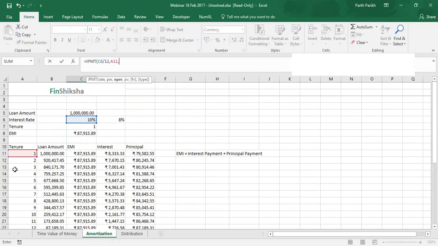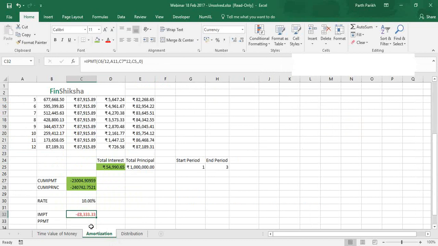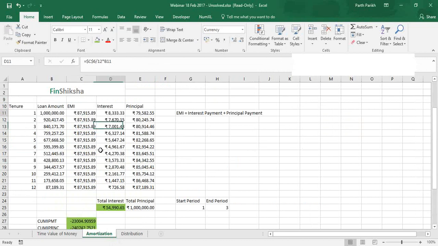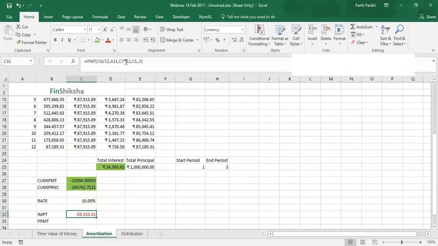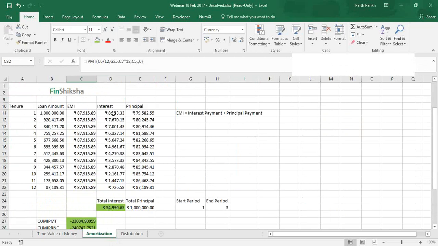Number of periods, which is 1 multiplied by 12. My present value is something over here, and I make it negative. It says in the first period I have made an interest payment of 8333. So over here I can give a reference as this as well.